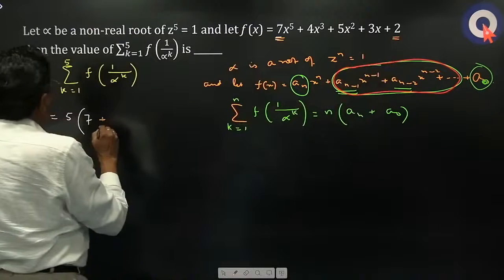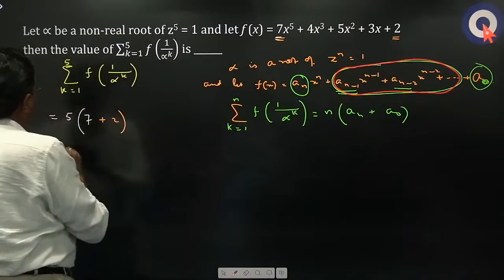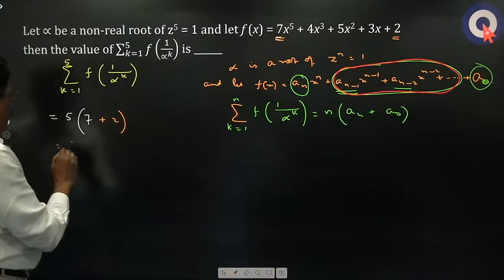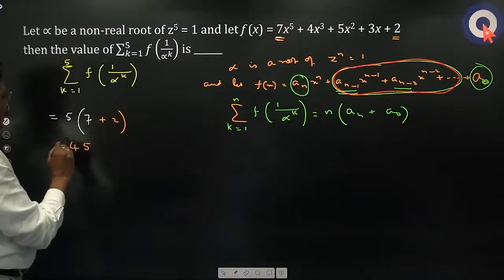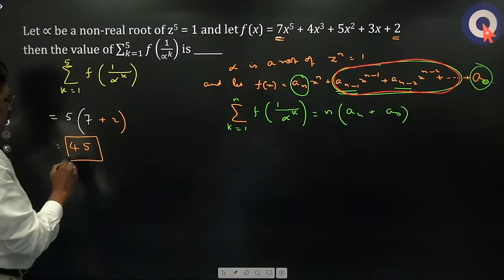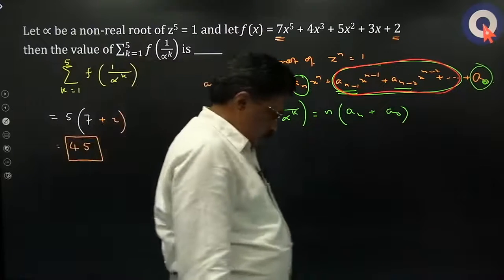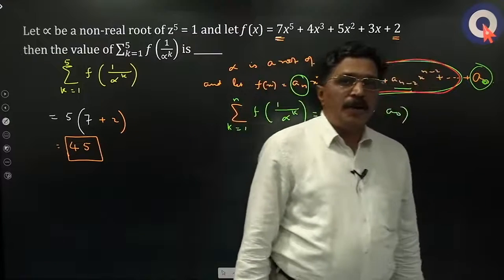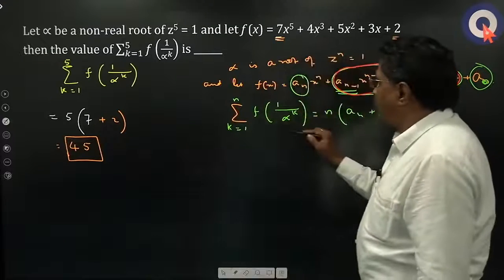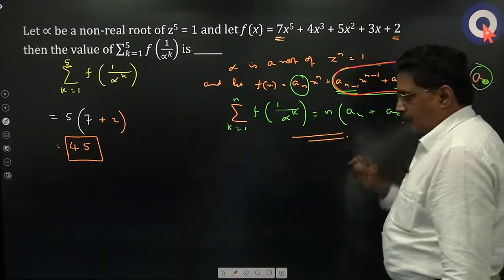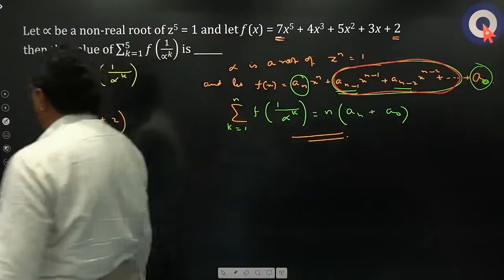So 7 plus 2, the required answer is 9 into 5. So 45 is the required answer. Understanding could become better if you can prove this result once. All right.